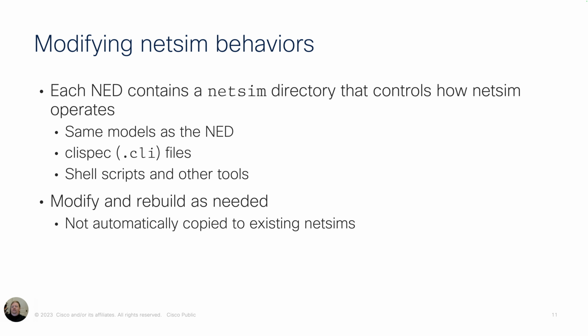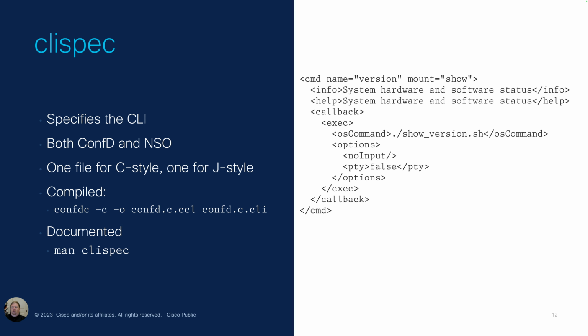So you might never have heard about CLI spec before, but actually it works just as well in NSO as it does on confd and Netsim. It allows you, as the name sort of hints at, to modify the CLI and specify the CLI behavior.